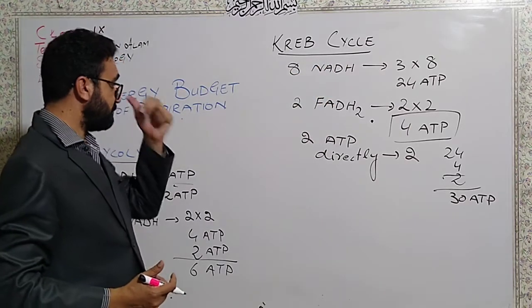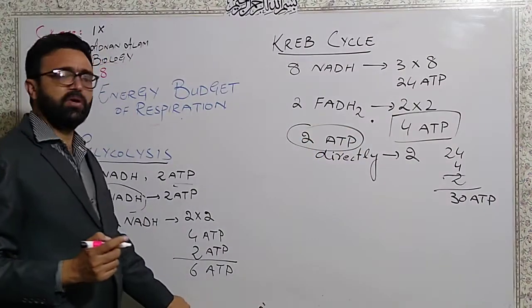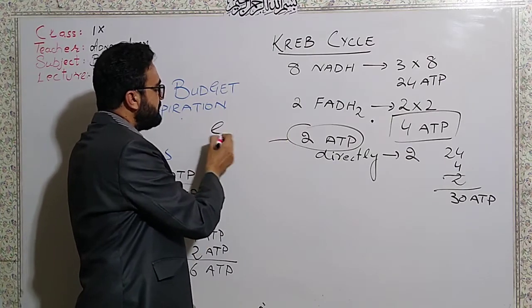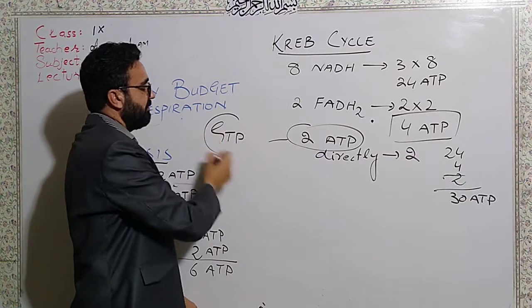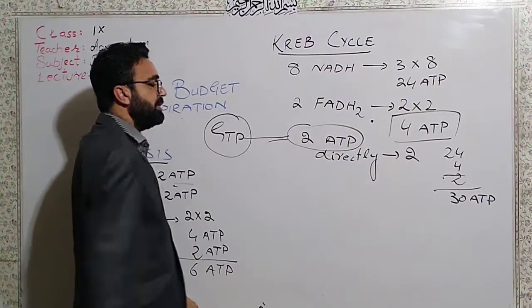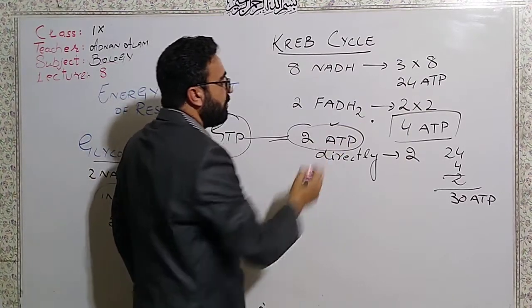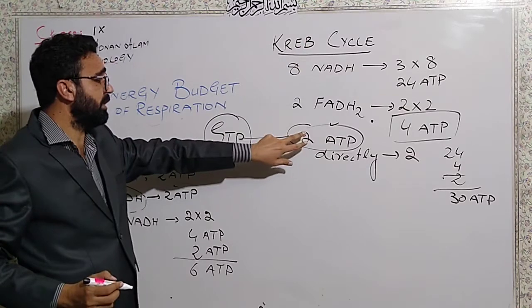electron transport chain. But two ATPs are directly formed, and here I want to add another point: GTPs, guanosine triphosphates, are usually formed, but they soon convert into ATP. So 2 ATPs is the total yield directly from the Krebs cycle.